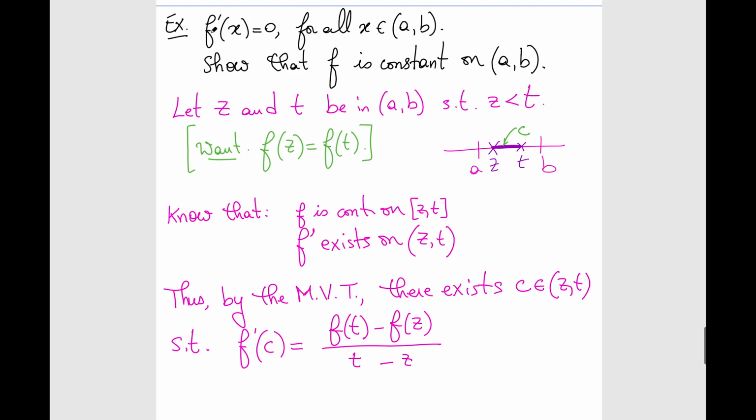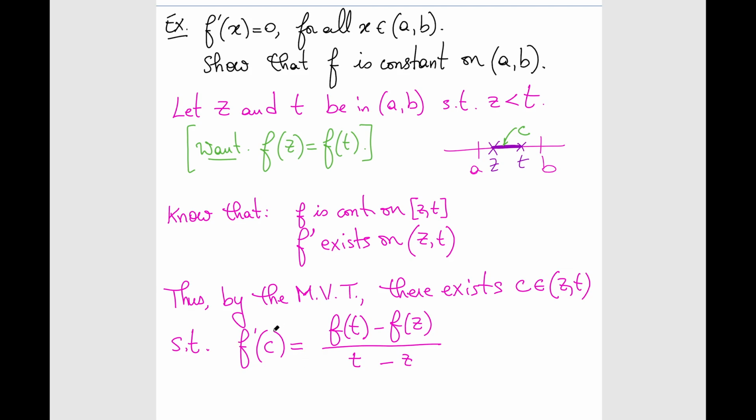We know that for all x in (a, b), f prime of x is 0. Well, this c is inside [z, t], so certainly it's inside (a, b) by choice of z and t. So that number c is between a and b. So I can choose that x to be c and get f prime of c has to be 0. So f prime of c must be 0.